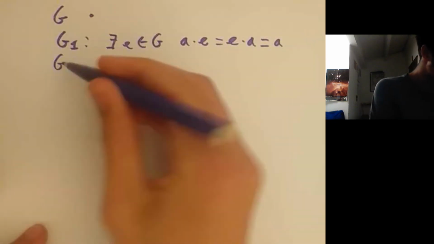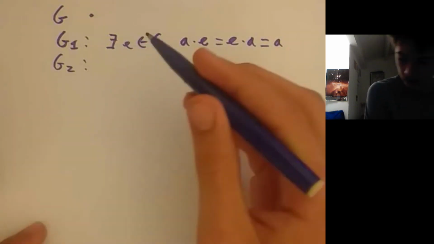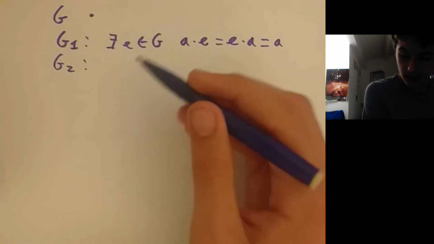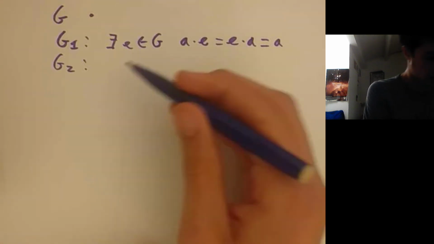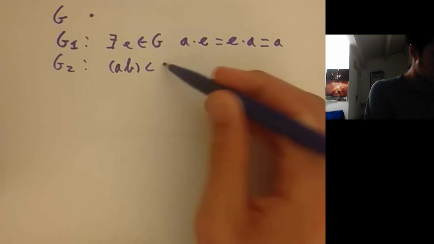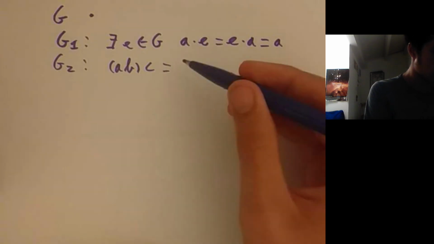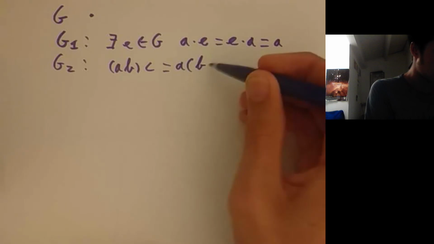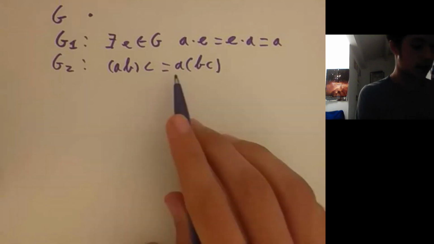Then the second axiom is that if we have some elements A, B, and C inside of the set G, then doing A times B and then multiplying by C is exactly the same as first doing B times C and then multiplying by A.